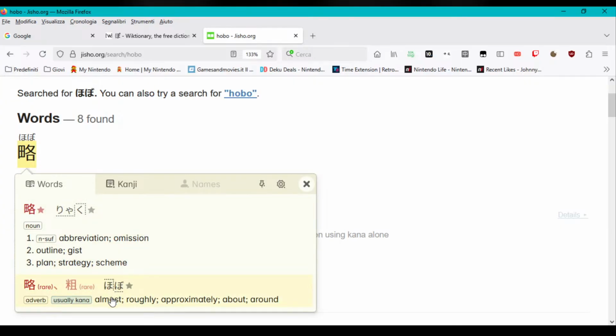Usually the word we are interested in is written in kana. Hobo. It's one way to say almost, roughly, approximately, about, around. Hobo. There are other words with the same meaning, but we'll see them when the time comes.